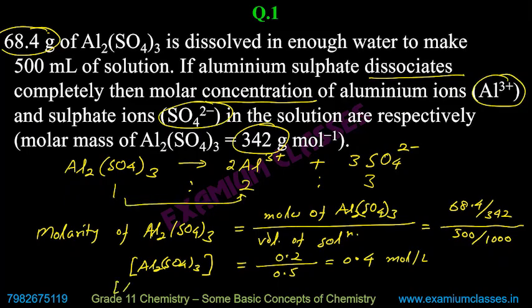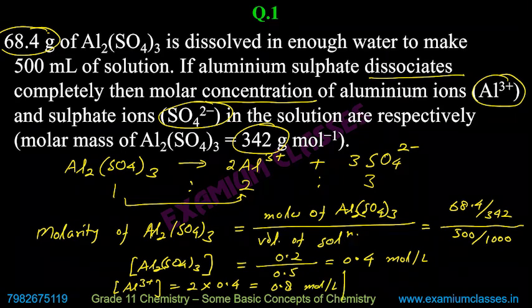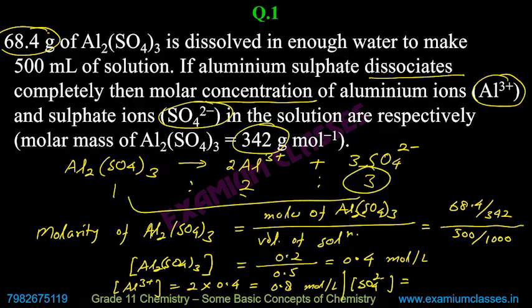It means the concentration of aluminum ion will be 2 times the concentration of aluminum sulfate, that is 0.8 mole per liter. Similarly, the concentration of sulfate ions will be 3 times the concentration of aluminum sulfate, means 3 into 0.4, that is 1.2 moles per liter. Clear? That will be the answer.